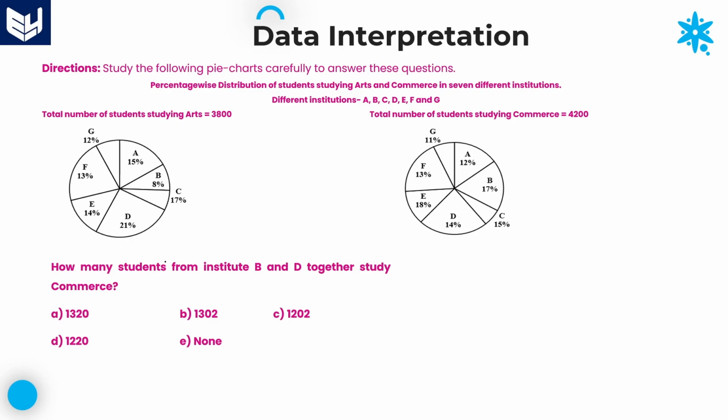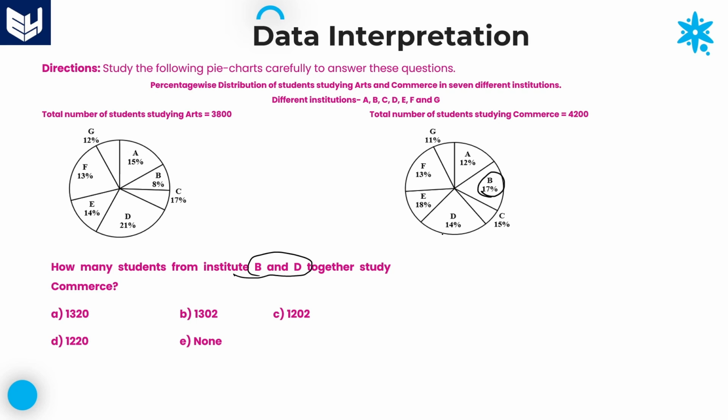See the last question in this pie chart. The question provided in this slide is how many students from Institute B and D together study commerce? We are not talking about arts; we are talking about commerce.